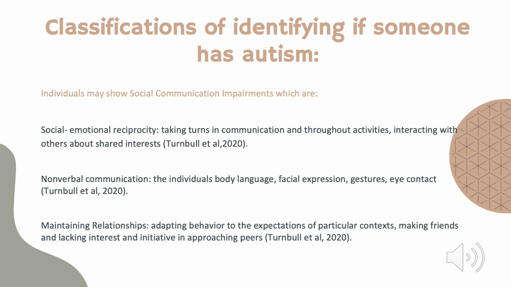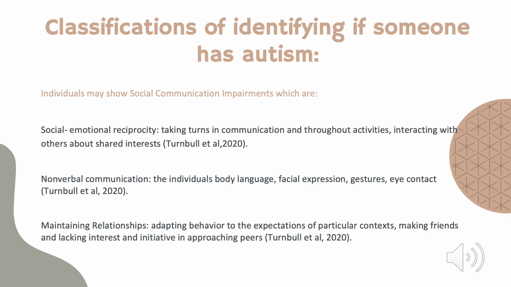So now we will go over classifications of identifying if someone has autism, which the three are social emotional reciprocity: taking turns in communication and throughout activities, interacting with others about shared interests. Nonverbal communication: the individual's body language, facial expression, gestures, eye contact.